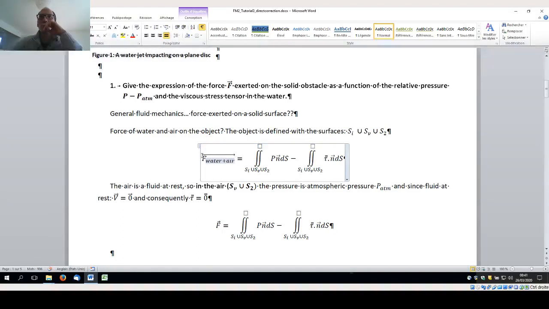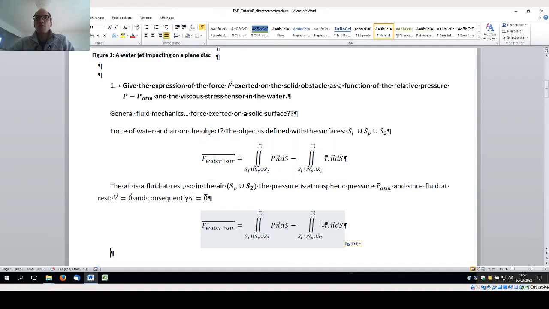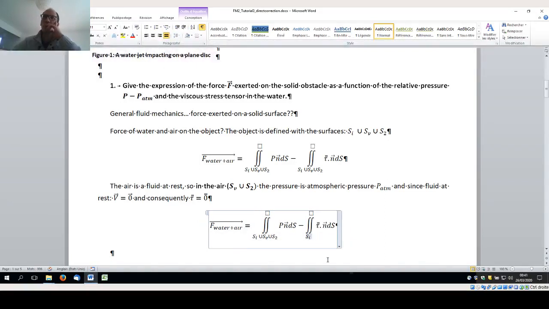For the force exerted by water on air, the part associated to the viscous stress tensor that remains is only the part on the solid surface, SI.